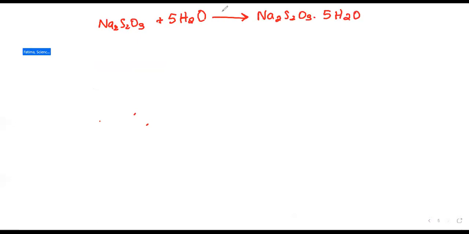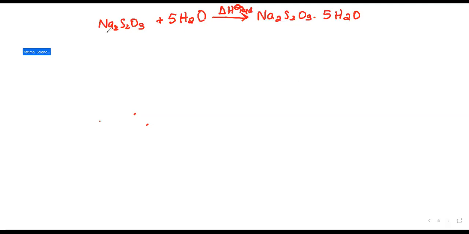Now, this is the direct route of the reaction. The direct route is that I take my reactant, I react them together, I get the product. That's the direct route. What is my indirect route?